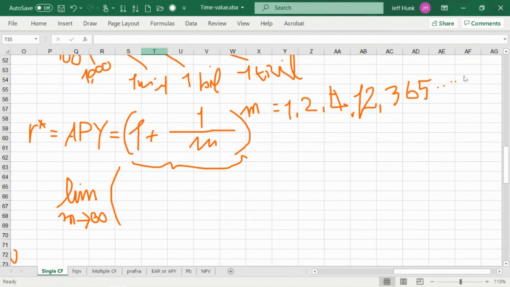But then, is that it? What if the compounding frequency is infinity?